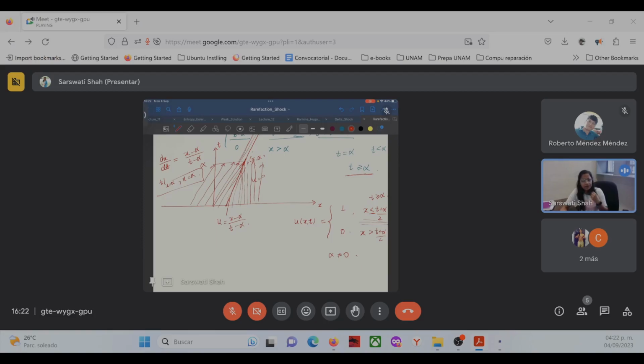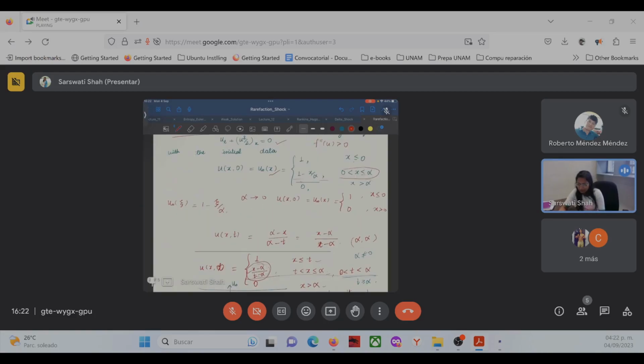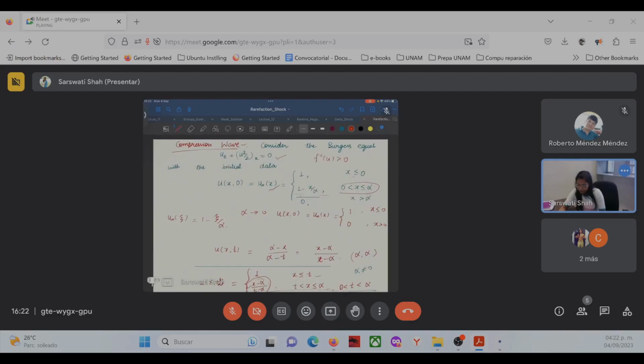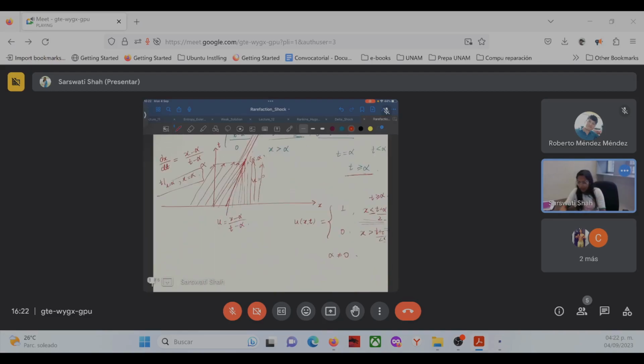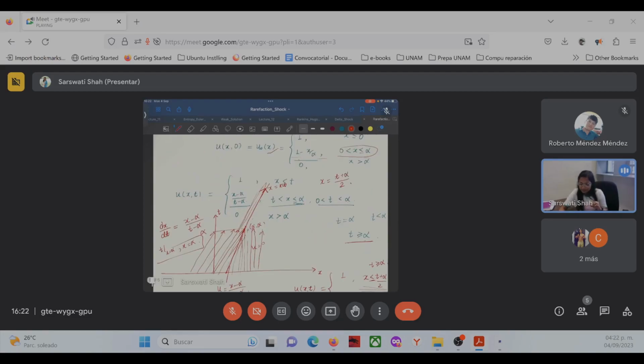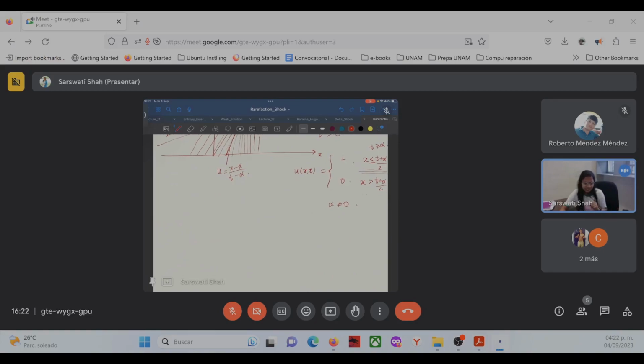What will happen when alpha tends to 0? When alpha tends to 0, the initial datum will be this that has a jump, and you don't need to consider this case, because the time is always positive and you will only be stuck at this case.